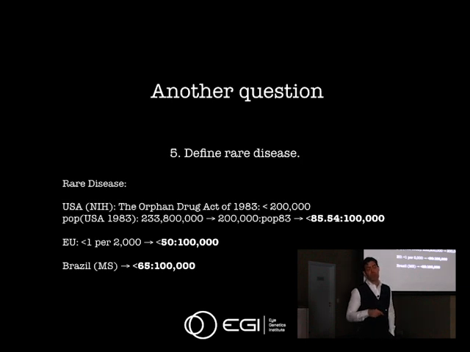In Europe, in the European Union, it would be 50. If you have less than 50 people affected in a population of 100,000, that means rare.